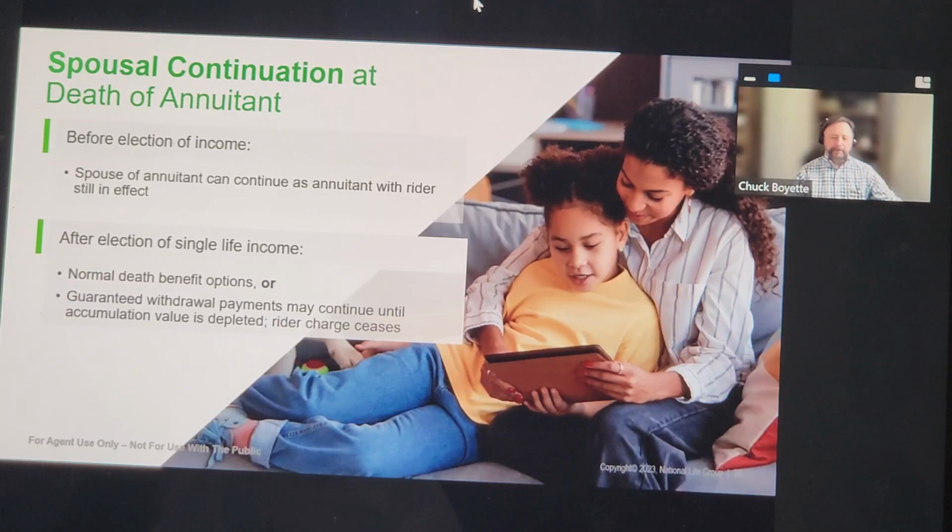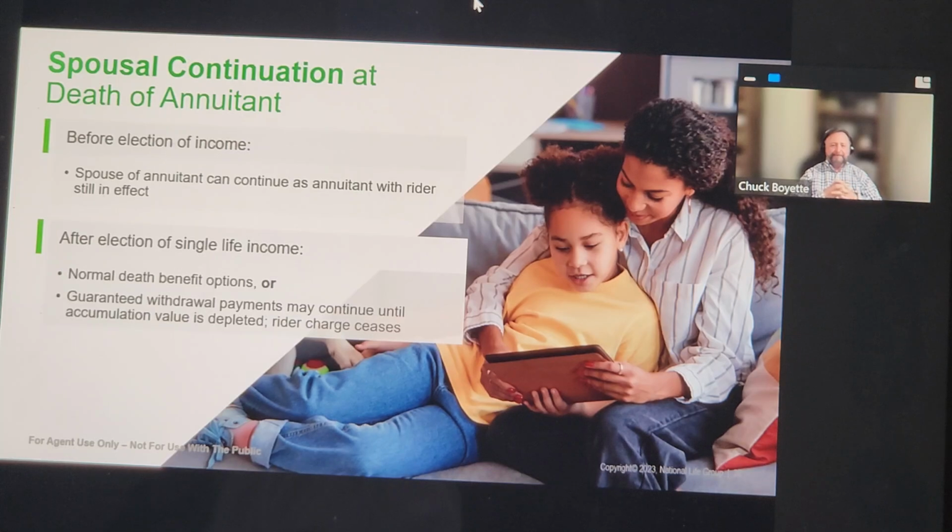So what happens when an annuitant passes away and they have a spouse? Well, if the annuitant passes away before they've elected their income, then the spouse can continue the annuity as the annuitant with the rider still in effect. So they haven't elected income, it's still the accumulation phase, the annuitant passes away, then the spouse can continue the annuity as the annuitant, and they can elect income in the future.